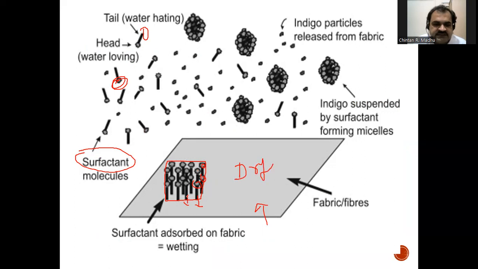Okay, so this will help to penetrate the dye particle into the interior of your fiber when you are doing the fixation process. At that time the wetting agent will perform its duty.